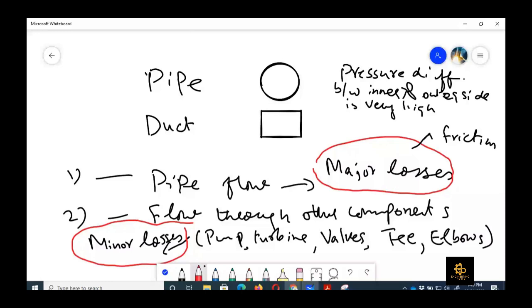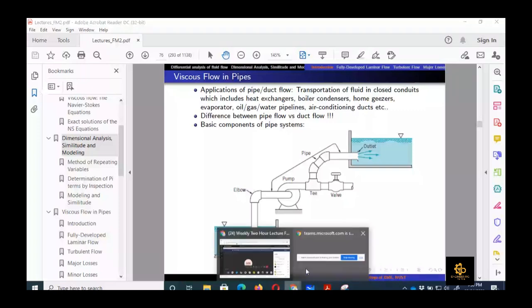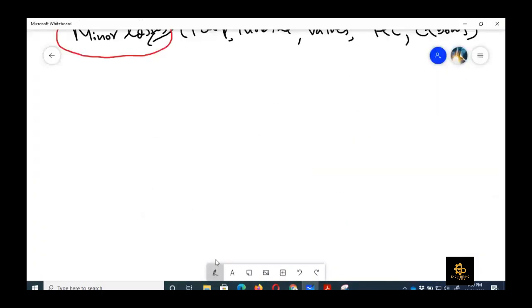So that is the major crux of this chapter, which we are going to cover in the next couple of weeks, maybe more than a couple of weeks. First of all, we need to characterize the flow in pipe. For that, we know that we can characterize flow as laminar, transitional, or turbulent flow, right?